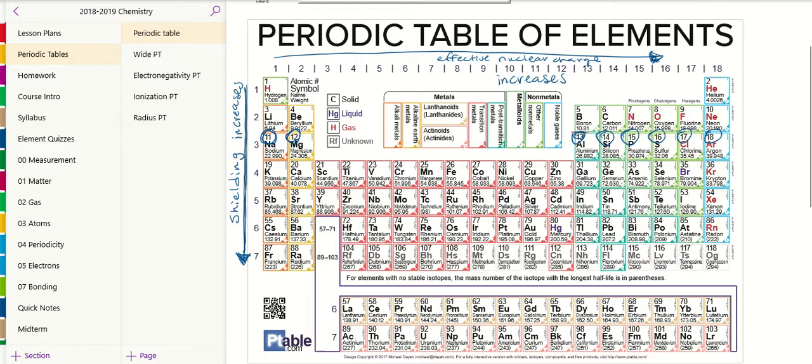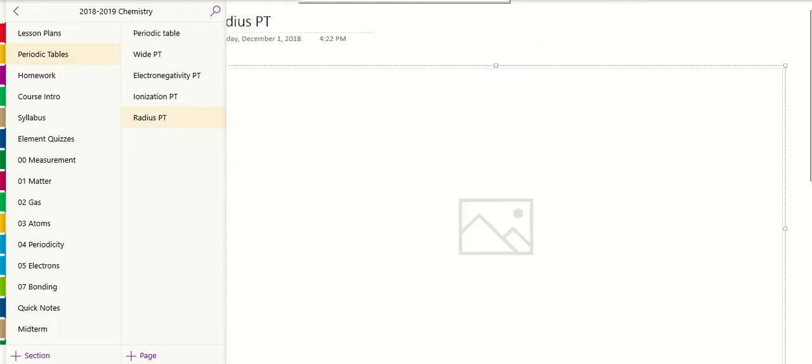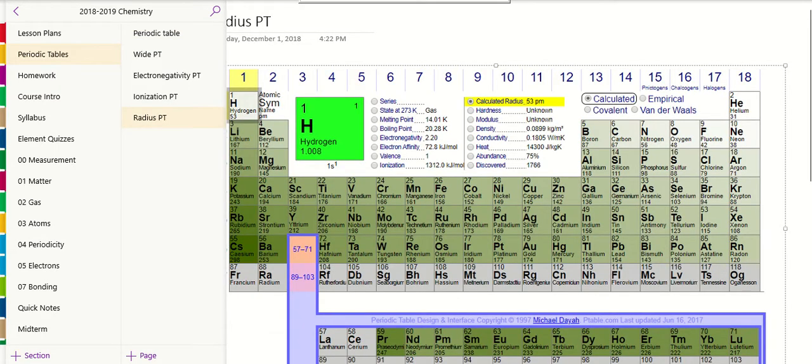All right, so let's talk about atomic radius. What happens as you go down a group for atomic radius? It increases. Why does it increase? Take a look at this diagram. The darker we get, the larger the radius.